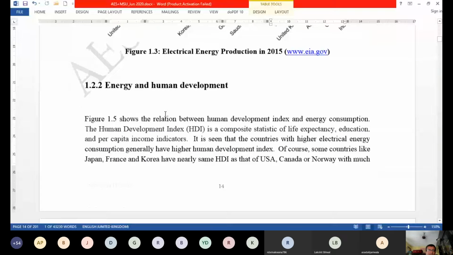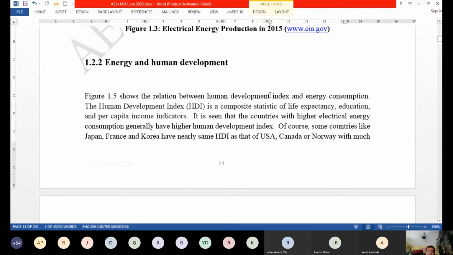Then somebody may say that just GDP cannot show the right picture of how developed or how good the living standard of a particular country is. So in that case, there is one index that is developed by UN, and that is called Human Development Index, HDI.